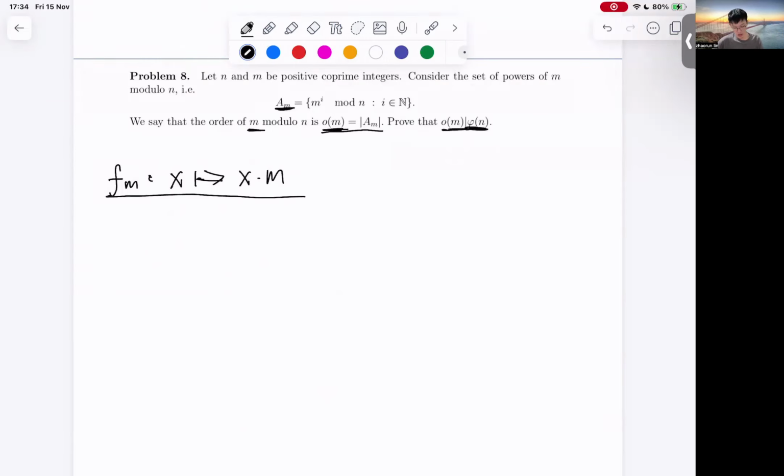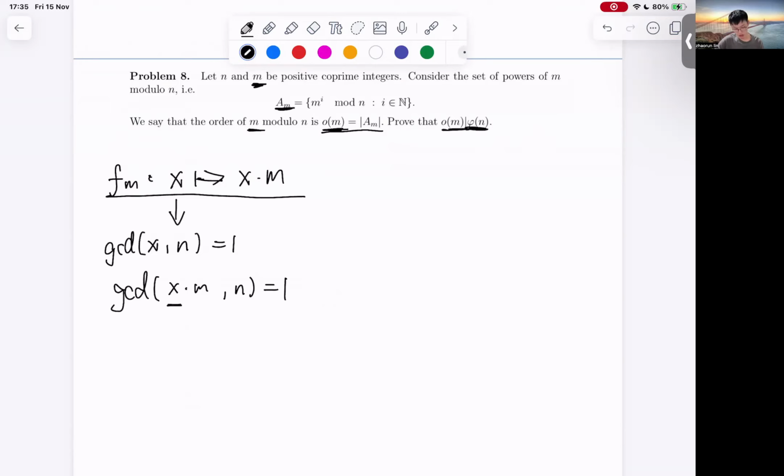And if you consider this x, if this x is coprime to n, then after multiplying it with m, since m is also coprime to n, we also have it coprime to n, right?